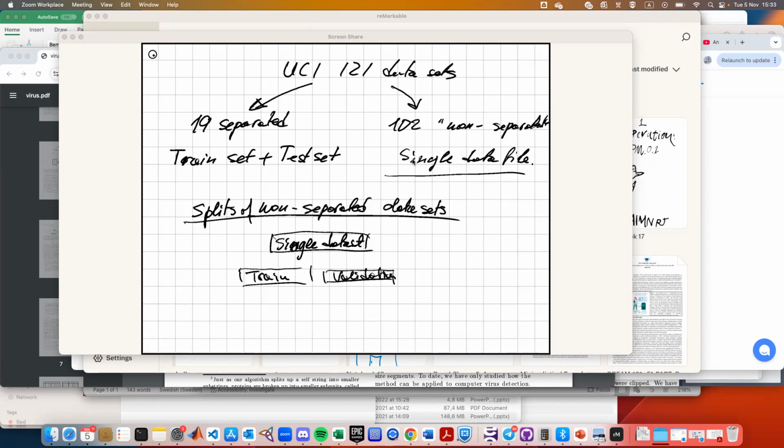So these 2 are used for training. For testing, what they do is adopt 4-fold cross-validation. So it is the same data, but it's now used for testing.